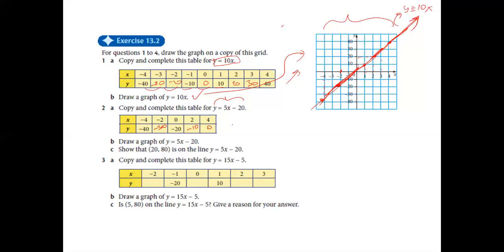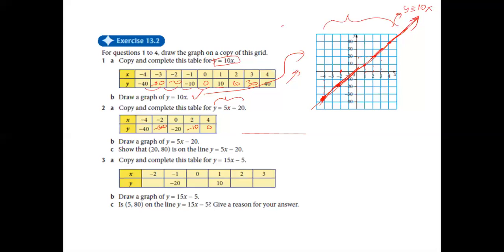So how can I show it on a graph? Draw the graph of this equation. Okay, how can I draw it? In this graph, if you put 4 in place of x, you'll get the value. Okay, the same equation maybe, but different values, you'll get the same graph.